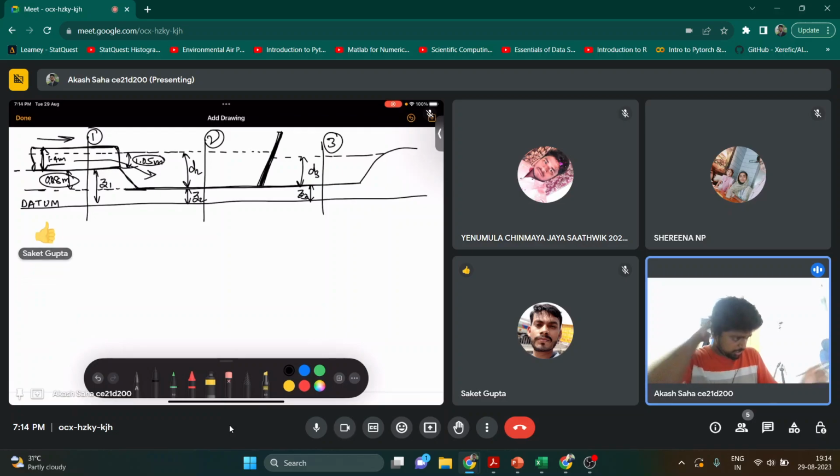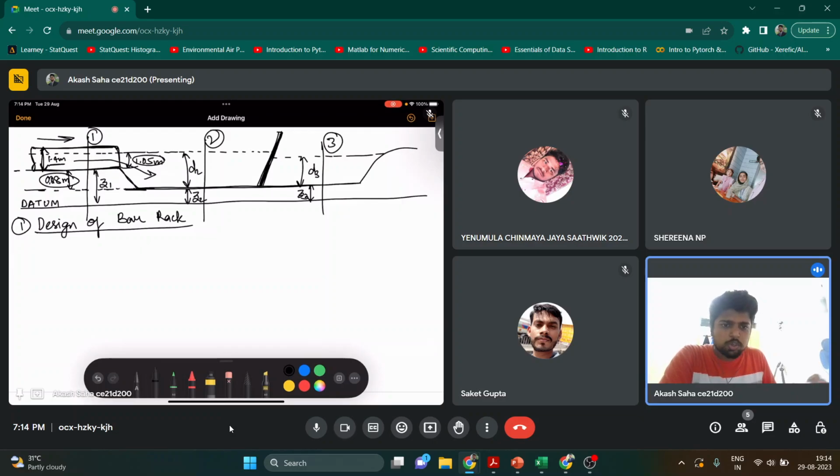Okay, so now our first target is design of the bar rack. So first of all, we have to assume a velocity of flow through the rack openings. Here we have the racks. This is my rack. So through this, what will be my velocity?